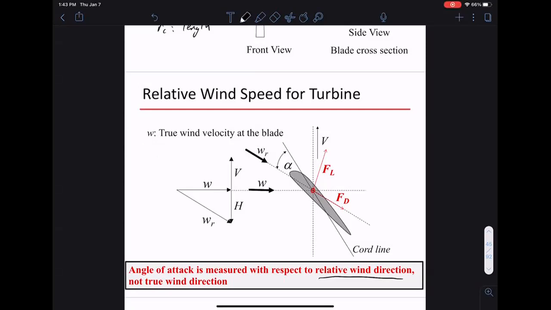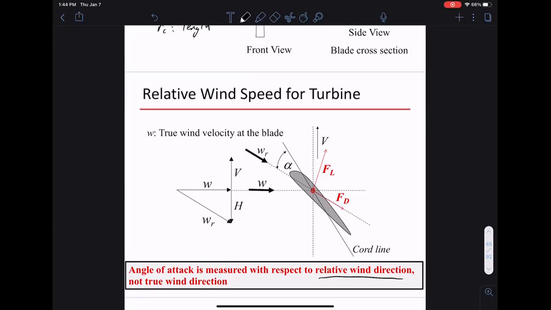So when we're doing the control, it's important to know what the relative wind direction is. And the reason we create this relative direction is that the up and down movement of the blade itself comes into this vector addition.